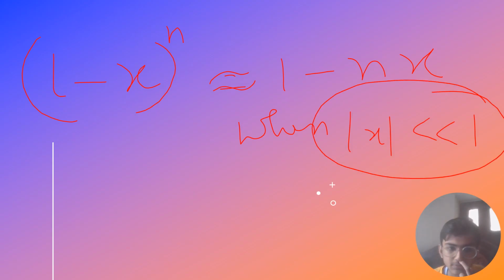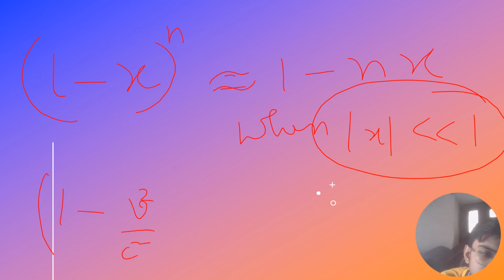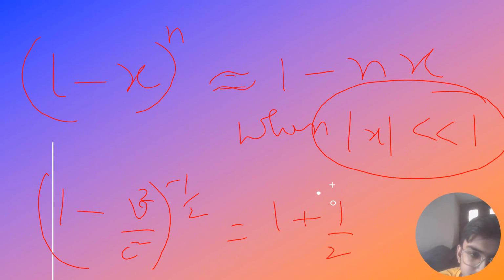Then we can write this approximation, and here we will use that 1 minus v square by c square to the power minus 1 by 2 is 1 plus half of v square by c square. This is the concept when mod of x, here v square by c square, is very much less than 1. Obviously the velocity will be very small.